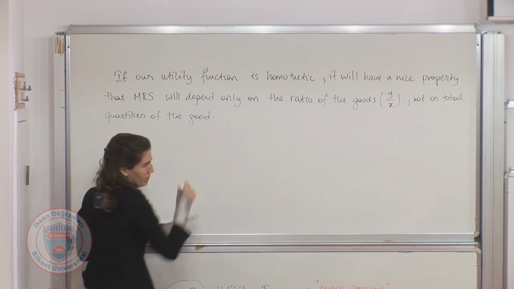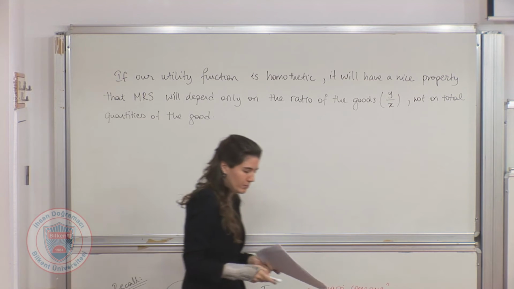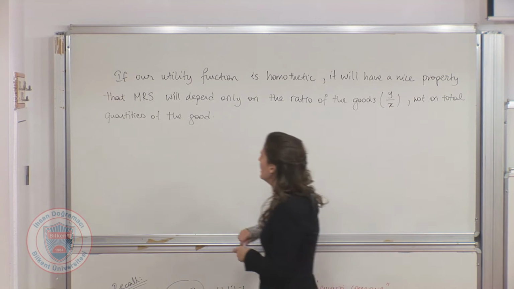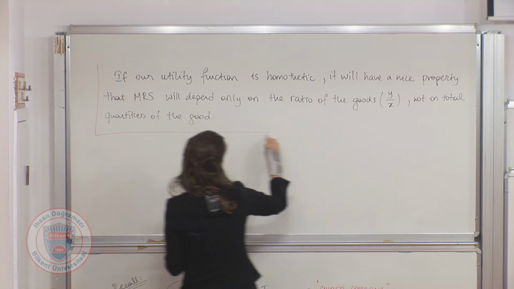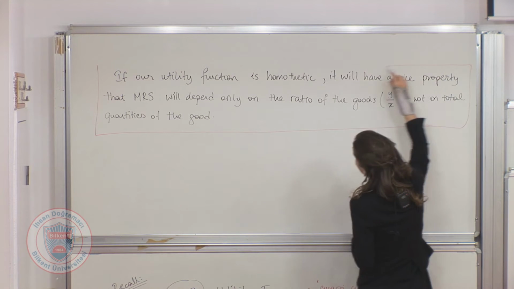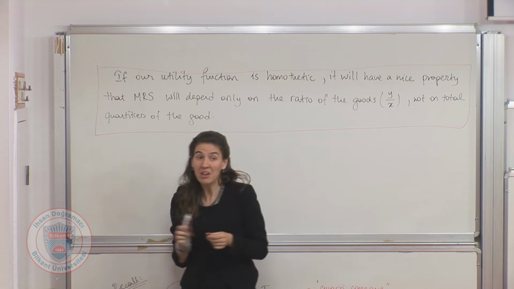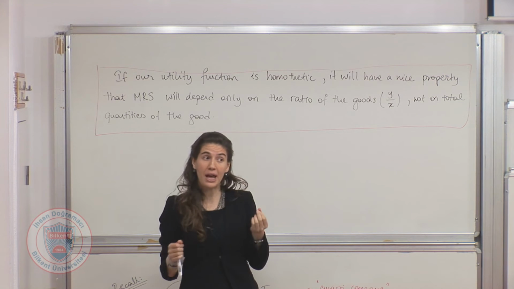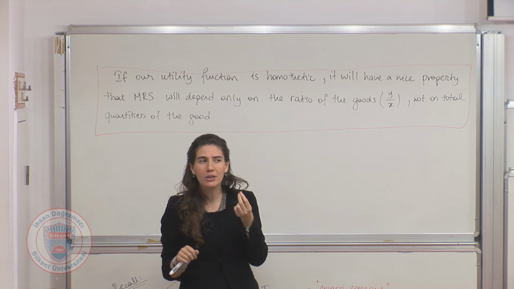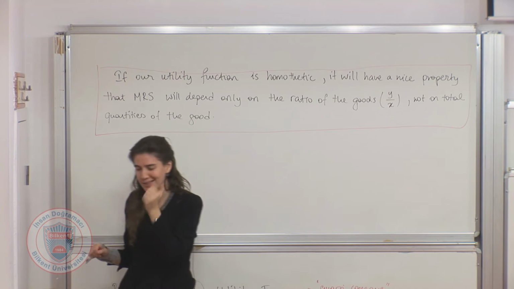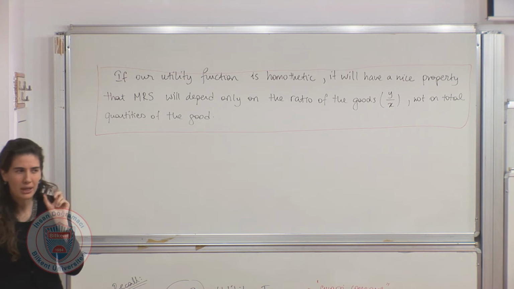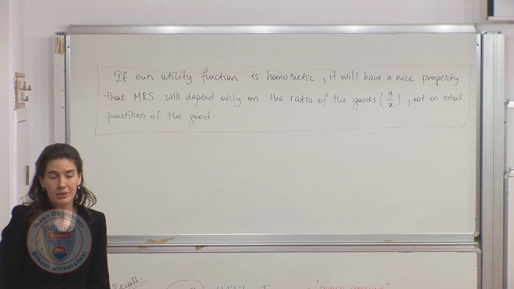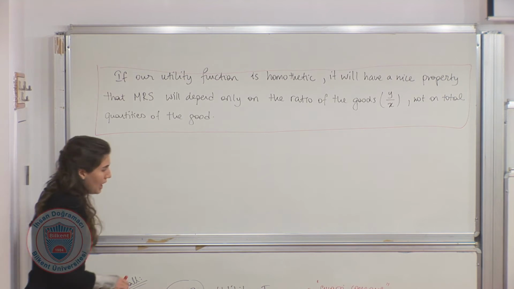So what does this mean? We'll see, and we'll prove this. Here we have this claim: if it's homothetic, then the marginal rate of substitution only depends on the y over x ratio. It doesn't depend on y only, it doesn't depend on x only, but on their ratio. That's it.